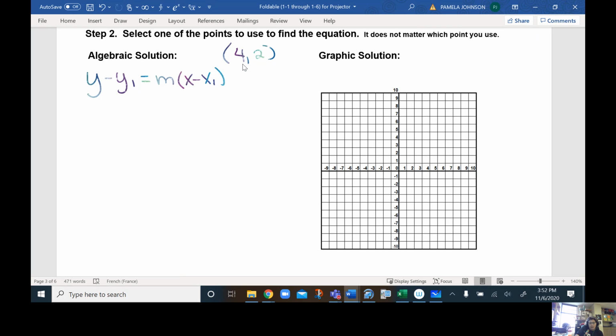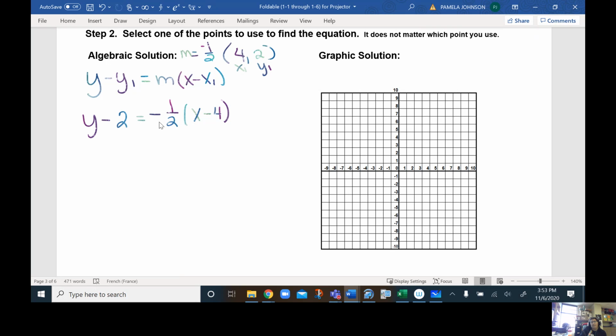Okay. So our m, remember, is negative 1/2. 4 is going to be our x1, 2 is going to be our y1. Okay. So y minus 2 equals negative 1/2 times x minus 4.